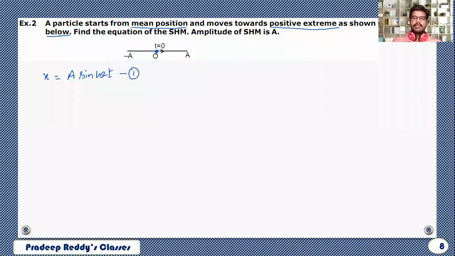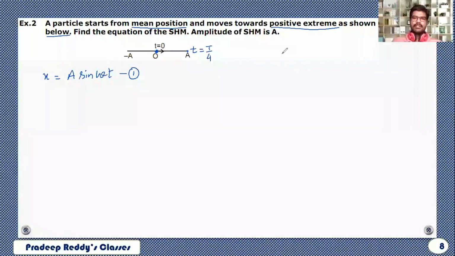Now the particle is starting from rest at t is equal to 0. Now this particle will execute simple harmonic motion. After some time it comes to this position, say t is equal to capital T divided by 4.